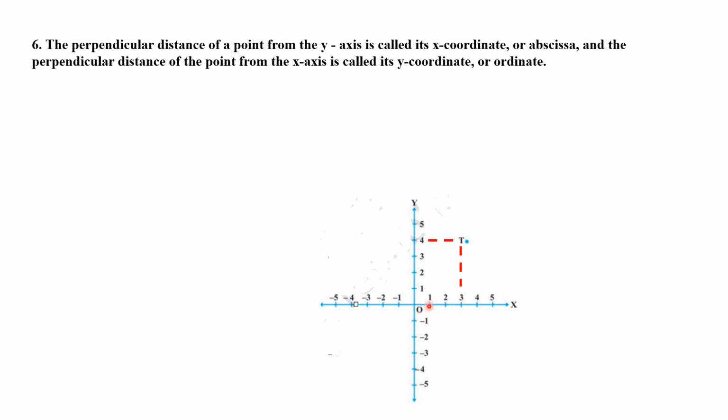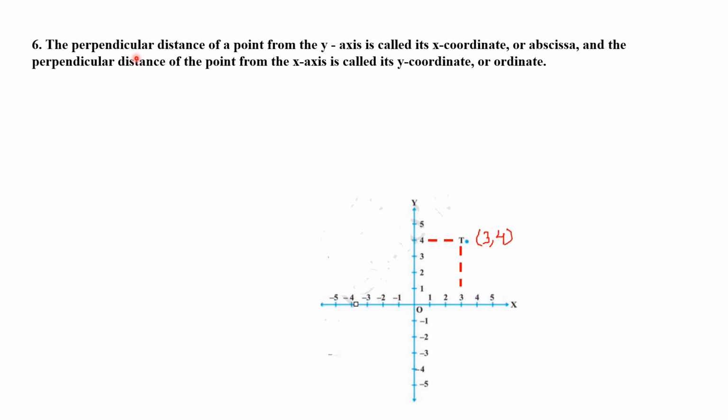Now this distance is 3 units, so the x-coordinate will be 3. The y-coordinate is this distance, which is equal to this, so this will be 4 units. So from here I can write the coordinates of this point as 3, 4, where 3 is your x-coordinate and 4 is your y-coordinate.